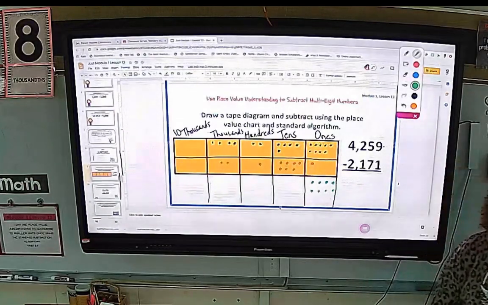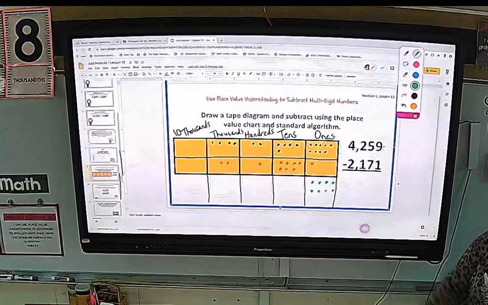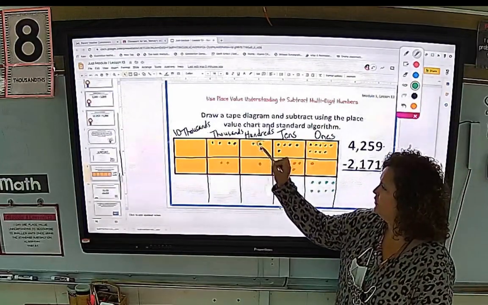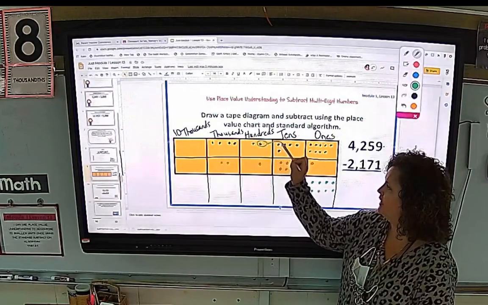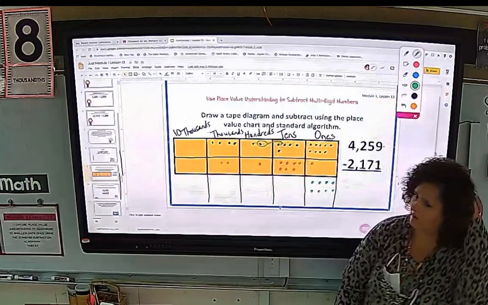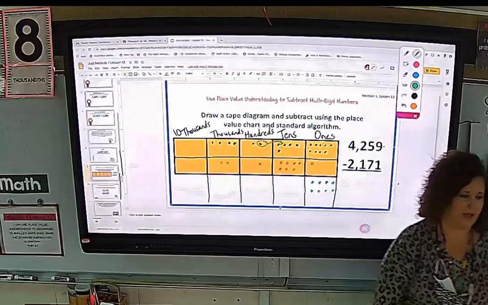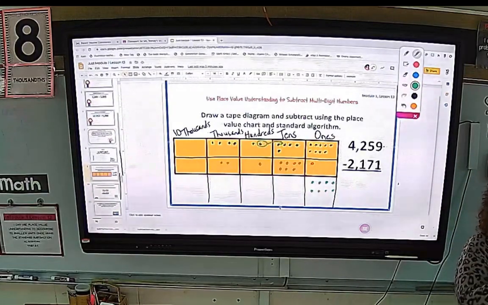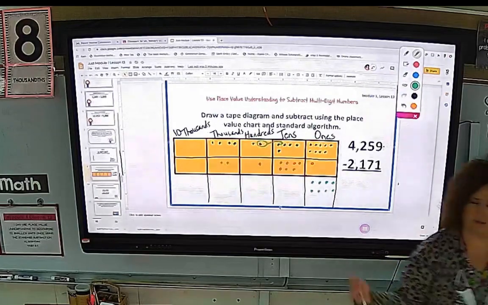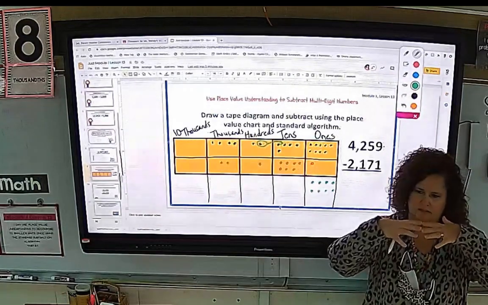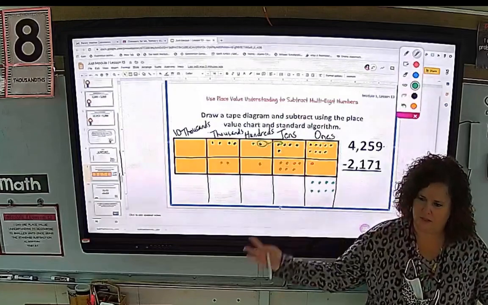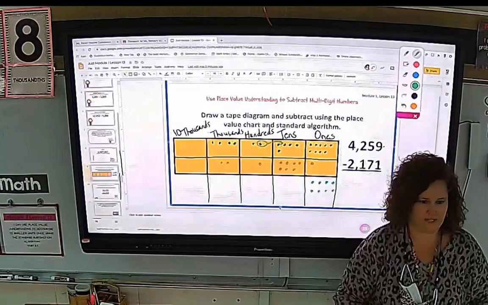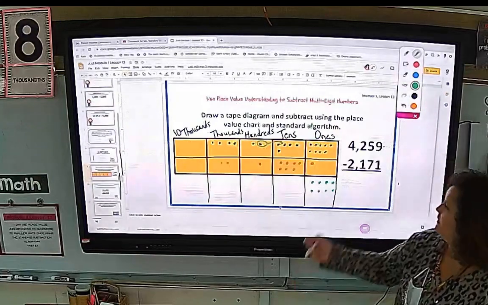I need you to stop and just watch for a second, okay? To show this, we would go next door and grab one of those and draw an arrow to show it's coming back. But when it comes back, it doesn't just stay one dot. It decomposes. It's almost like that dot is a zipper bag, and it's almost like somebody opens it up and those 10 tens come out, okay?